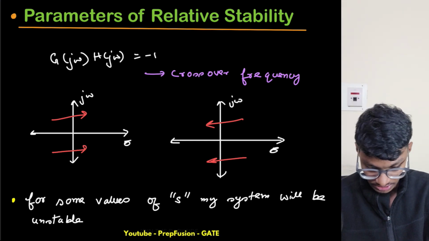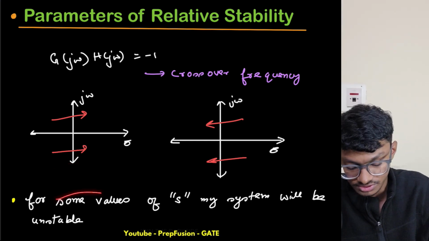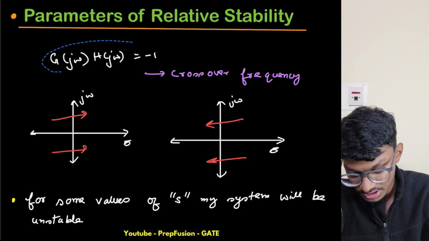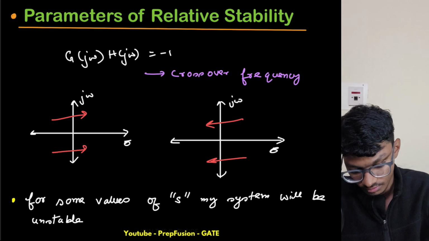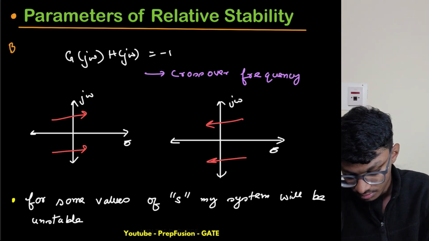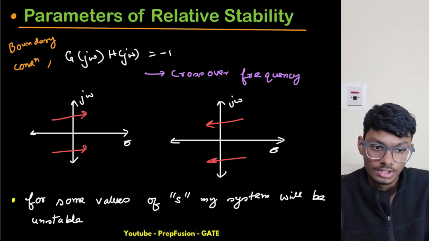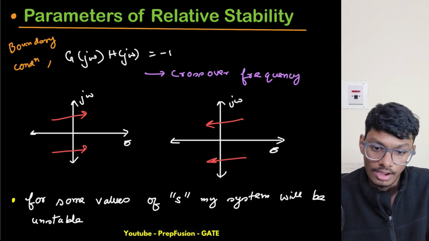For both of these cases, if I have a crossover frequency, my system will be unstable. So this is basically the boundary condition. Okay, so I'm getting a crossover point.